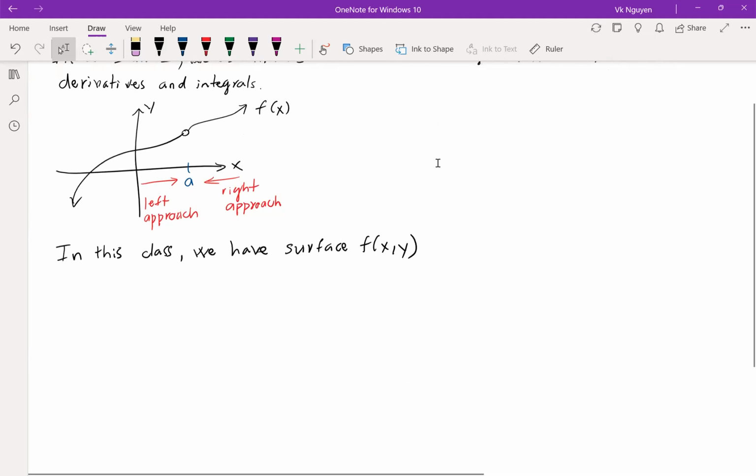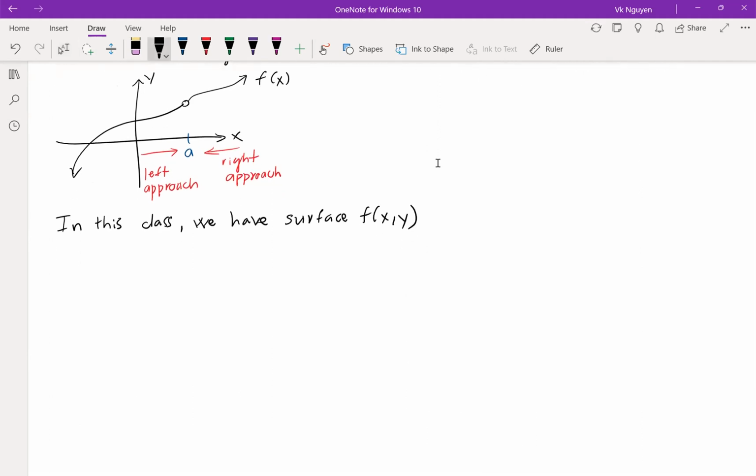So I'm gonna sketch out the surface here. It can look a little ugly, but that is the surface there.